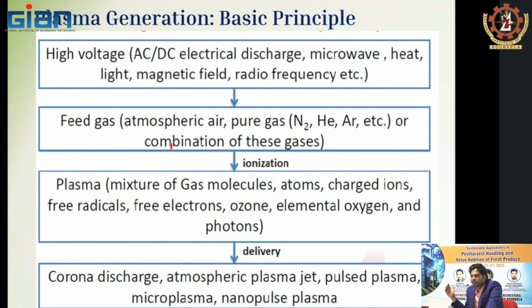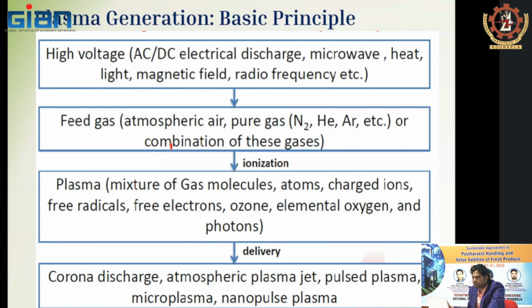Whereas if you want a pure or separate source of reactive species, oxygen reactive species, then we have to selectively give the gas composition. If you use oxygen, it produces oxygen reactive species. Every reactive species has its own characteristics. Nitrogen reactive species are useful in some kinds of operations.